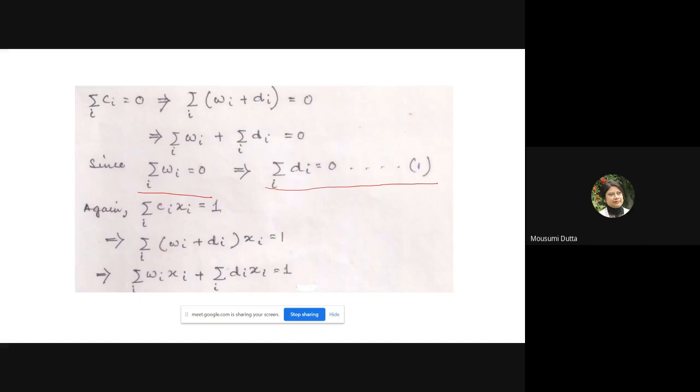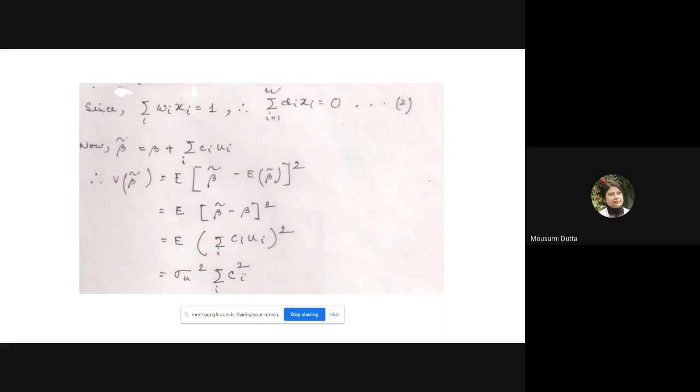The second requirement was summation CI XI is equal to 1. By the way, please read this XI as capital XI. So summation CI XI is equal to 1. This implies summation of WI plus DI into XI is equal to 1. This implies summation WI XI plus summation DI XI is equal to 1. Can you remember what is the value of summation WI XI? 1.